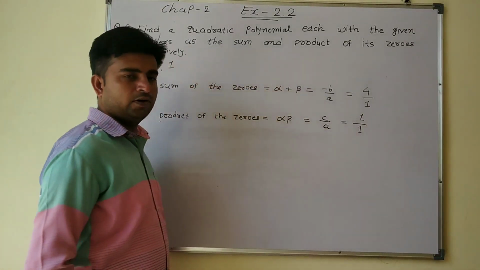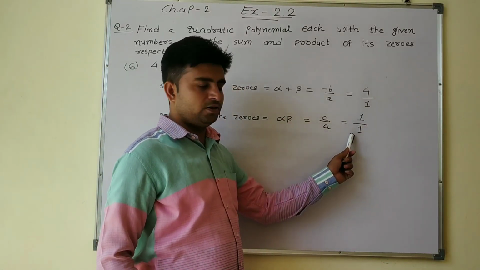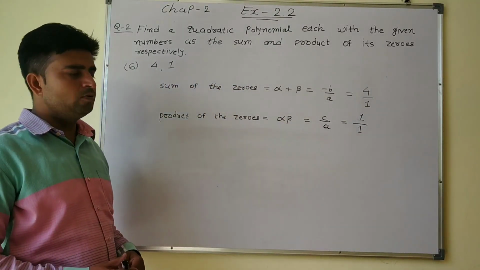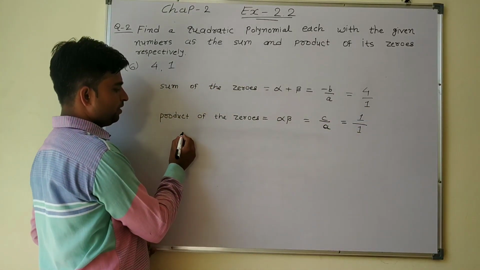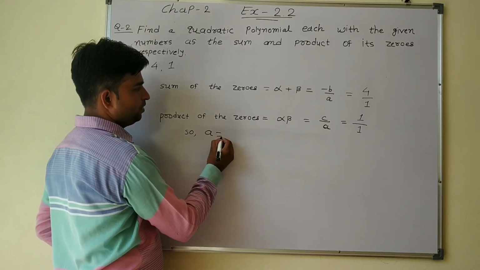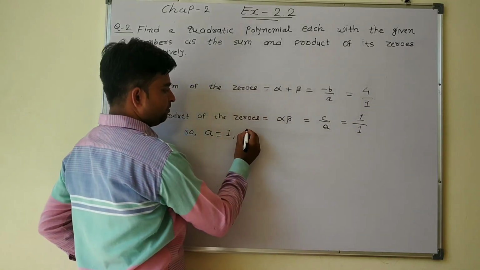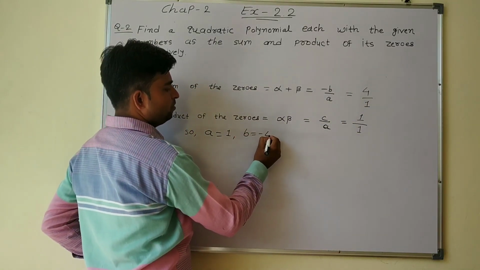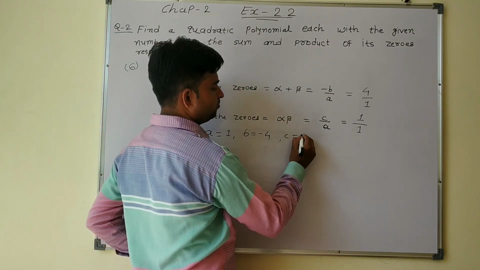So 1 upon 1. Now see here, both the denominators are already equal, so we don't need to multiply. So we compare these two, we get the values of a, b, c. So a is equal to 1. Comparing these two, we get the value of b. B is equal to minus 4 and c is equal to 1.